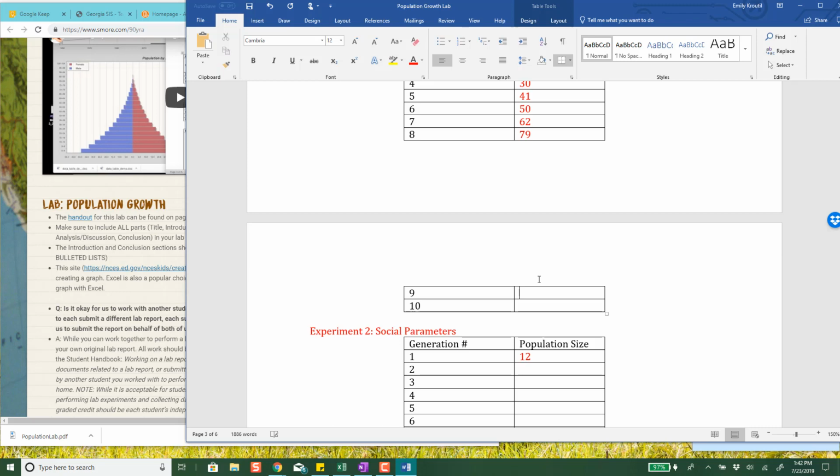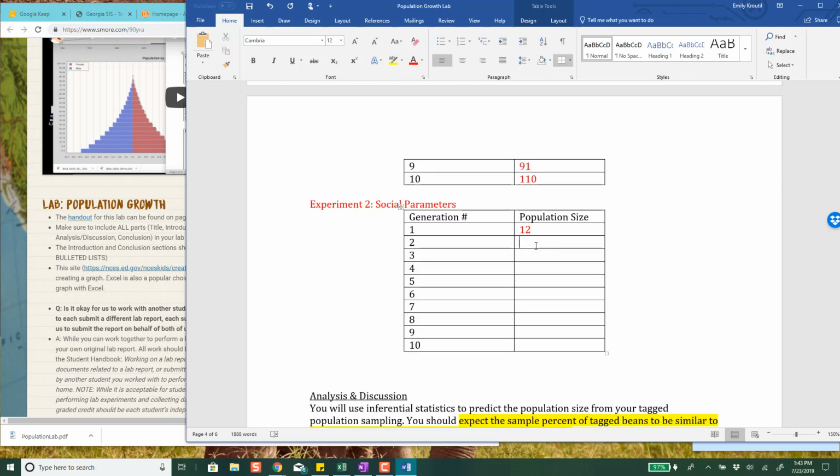Again, I'm totally making this up. I don't even know if this is going to show exponential, but we'll see how it goes.